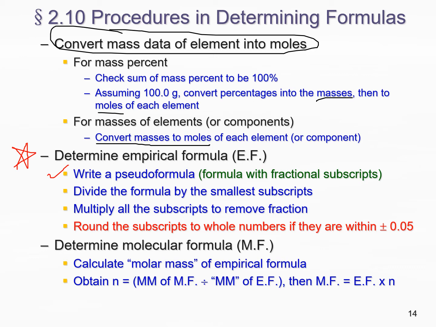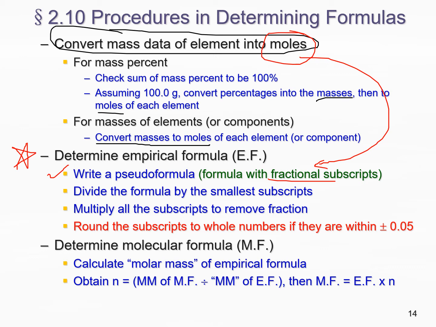A pseudo formula means we have a formula, and the only difference is that instead of whole numbers as subscripts, we use fractions. Why fractions? Because we use the numbers of moles here, so the moles serve as the subscripts for that formula.